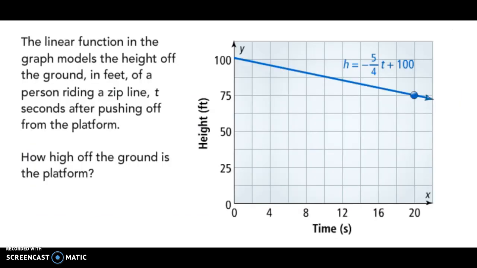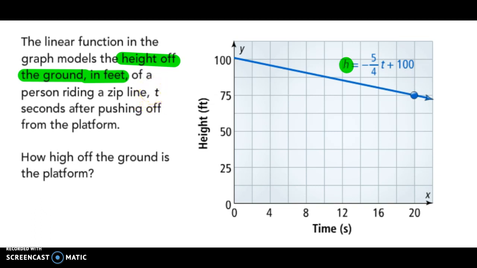The linear function in the graph models the height off the ground in feet of a person riding a zip line t seconds after pushing off from the platform. How high off the ground is the platform? Well, let's identify what we're talking about here. The height off the ground is in feet, so we know that h represents our height.